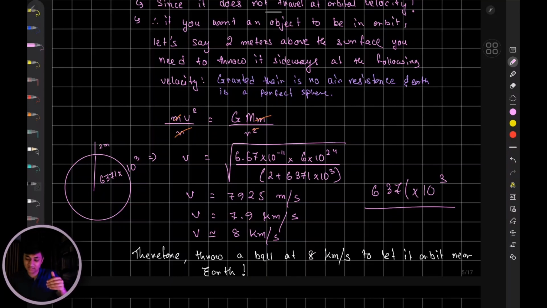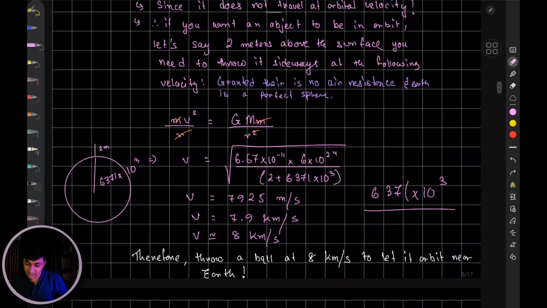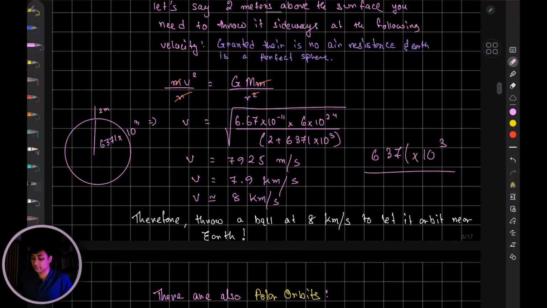So I'm going to consider the separation to be 6,371 times 10 to the power 3 plus 2 meters. This is not actually going to do much of anything. But anyways, I'm also going to take the gravitational constant, G. I'm going to take the mass of Earth, which is one search away. And now I'm going to find the velocity I need to throw the cricket ball at, right?